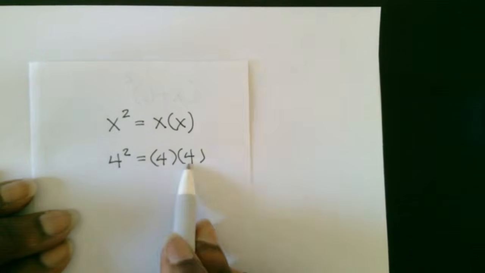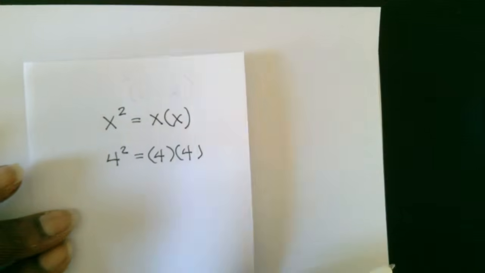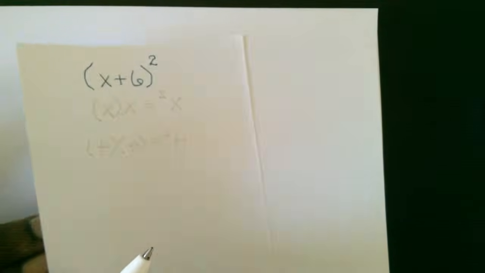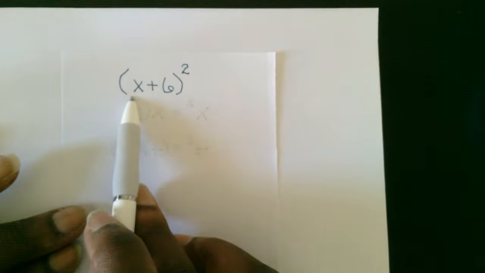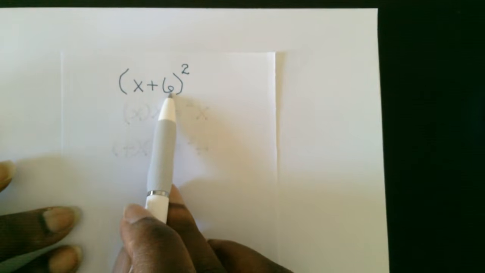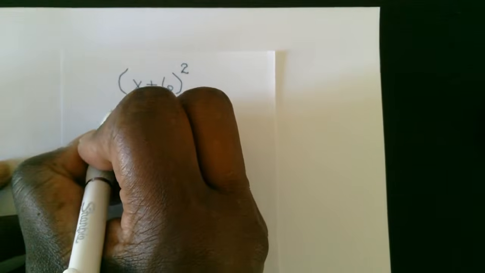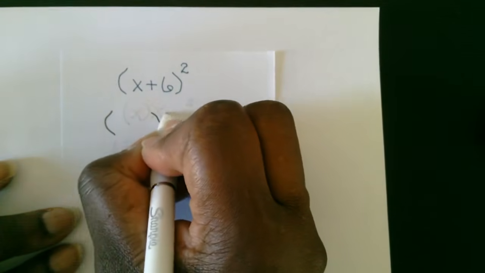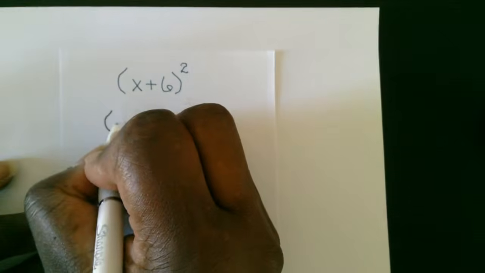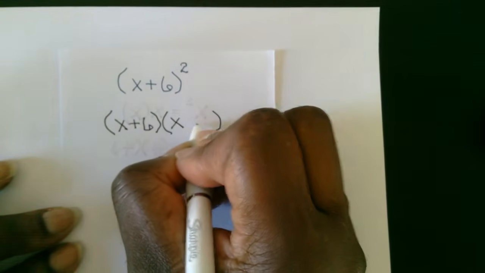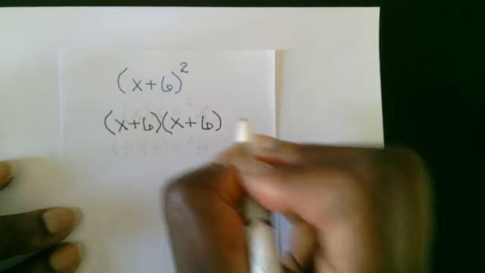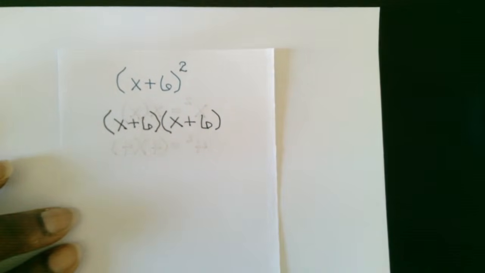So 4 times 4, 16. You're doing the same thing, but this time, instead of a single number, you have an expression. So we're going to multiply that expression, x plus 6, into itself 2 times.